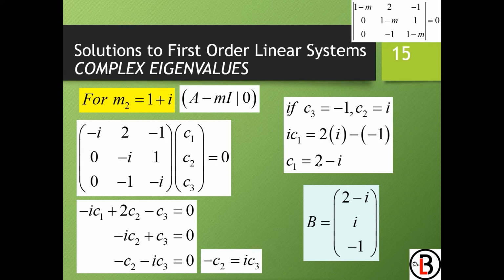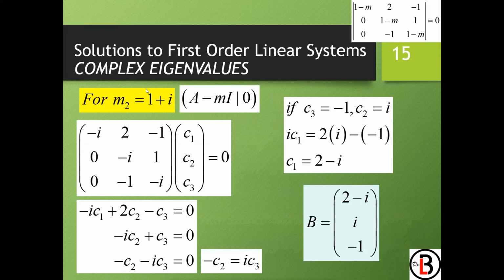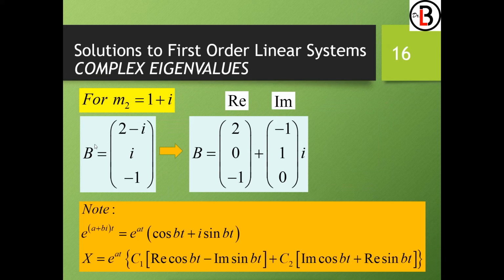Now that we have this C1, C2, and C3, you'll notice that in here, why is it B like this? Yeah, because you have an imaginary term. So let's split this. For m equals i plus 1, which is this one, the B, some of you might say, sir, why is it B, why not C? It's okay. It's up to you. It can be any letter. It's just a matrix.